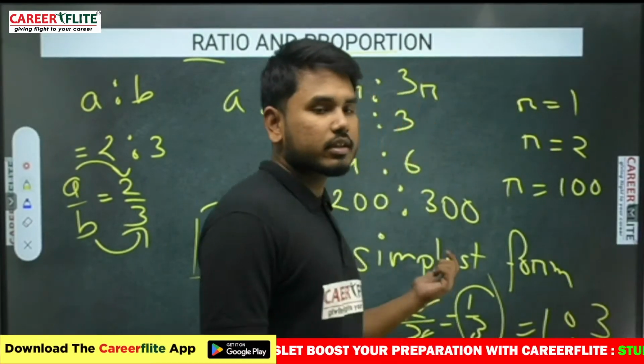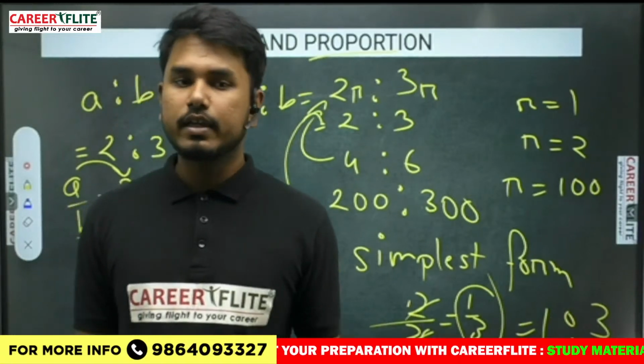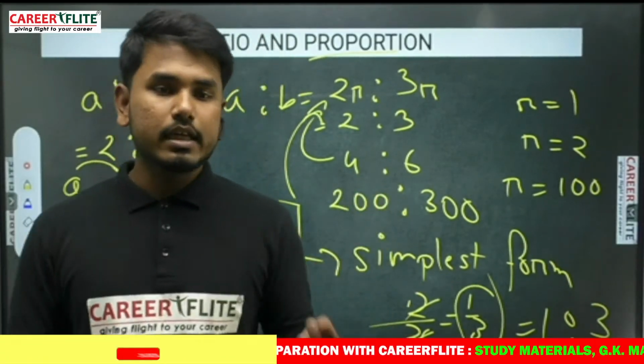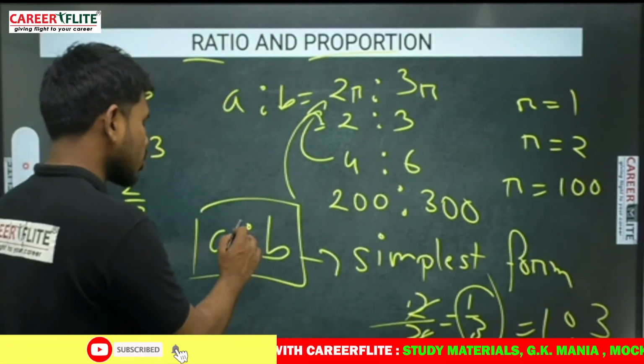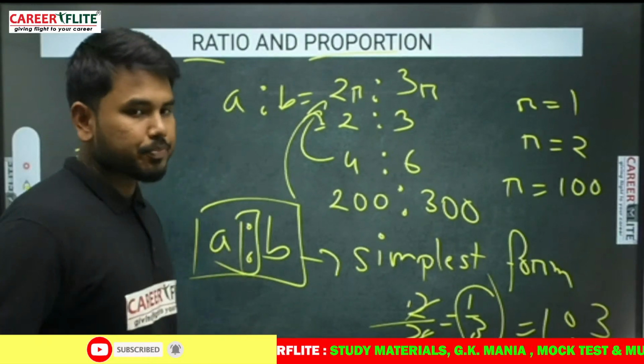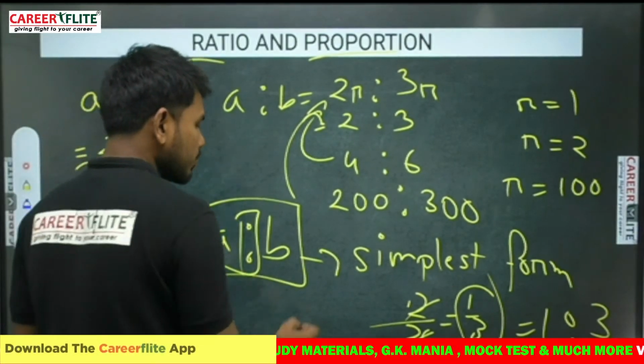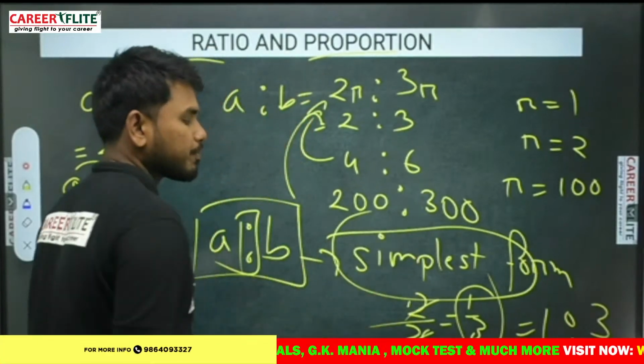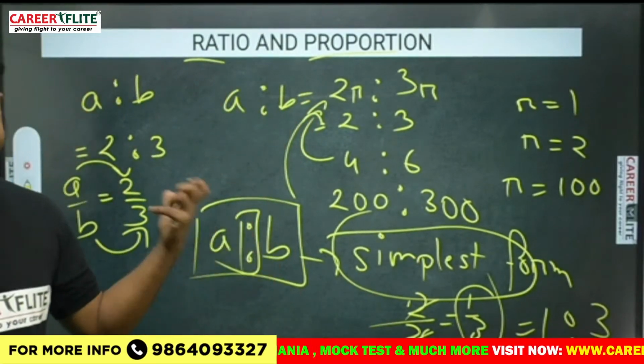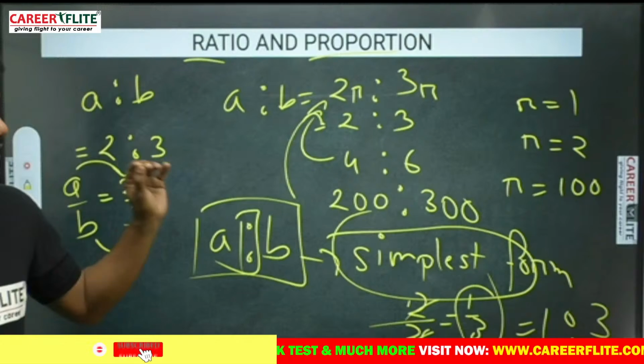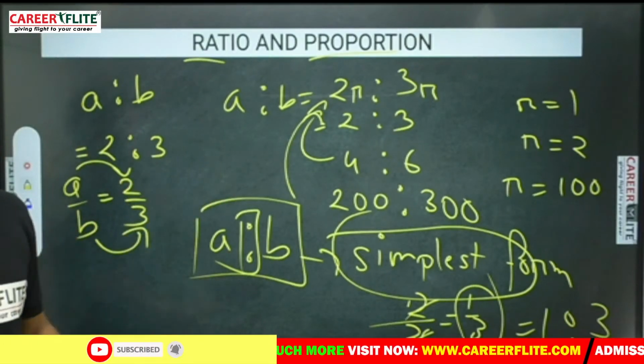This is what is known as ratio: just two numbers divided by this colon, and those two numbers will be in their simplest form. Nothing else, and we'll do a few questions now.